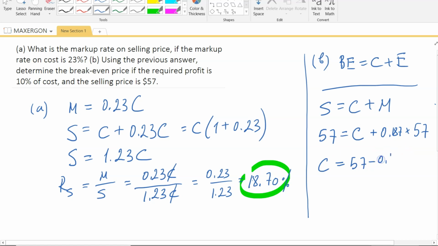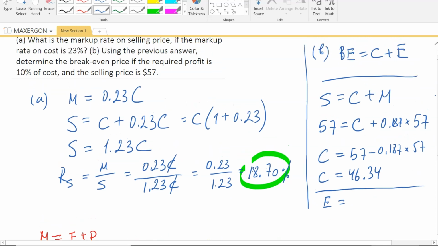57 minus 0.187 times 57. Cost is equal to $46.34. After we found the cost, we now can find expense, because that's another thing we're still lacking to find break-even price. Expense is markup minus profit.